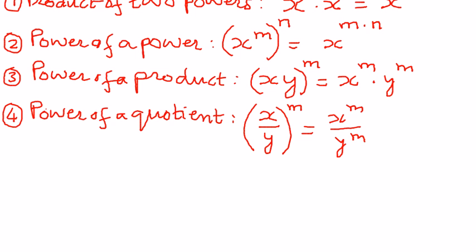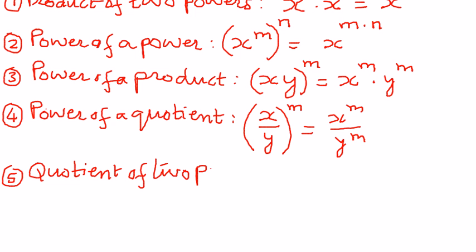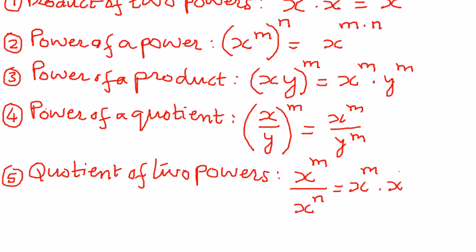And then the fifth rule is quotient of two powers. In here, if we have x to the power of m in the numerator, and if we have x to the power of n in the denominator, we can write this as x to the power of m times x to the power of negative n.